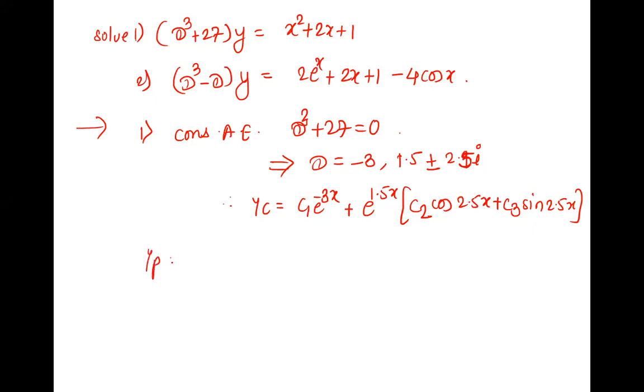We go to yp. yp is 1 upon d cube plus 27 into x square plus 2x plus 1. The whole is a polynomial. So what we do here is, what will you take out? 27. Correct.